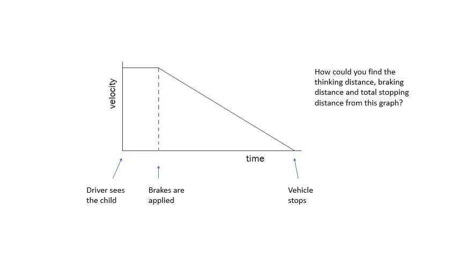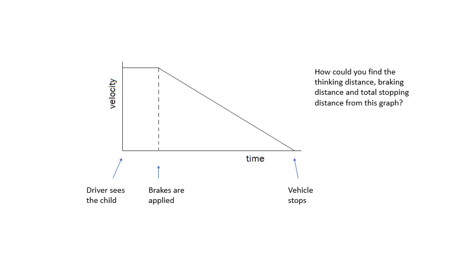On a velocity-time graph, which we did in a video a couple of videos ago, it would look something like this. Notice for the thinking distance, the driver sees the child but the brakes haven't been applied yet, so they're still traveling at a constant velocity.